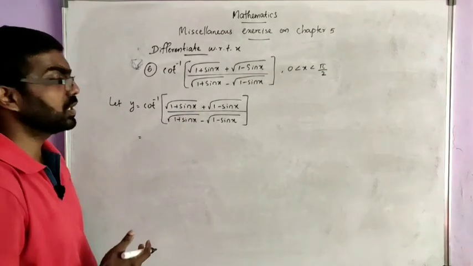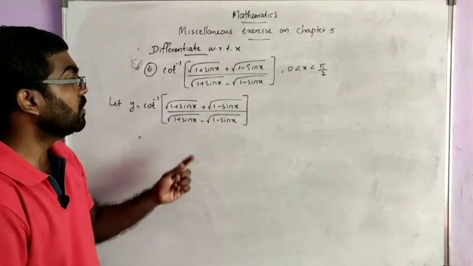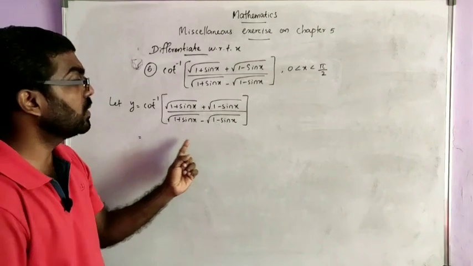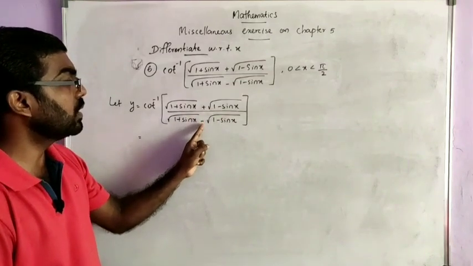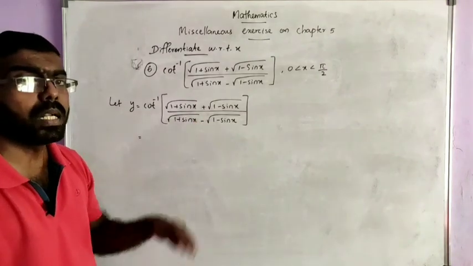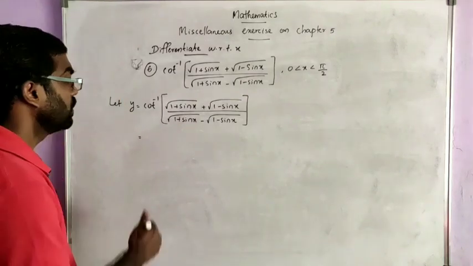What we have to do is multiply both numerator and denominator with the conjugate of the denominator. You all know the conjugate. We have to change the sign in the middle. Here it is minus, so we change the sign to plus and multiply both numerator and denominator by that term.